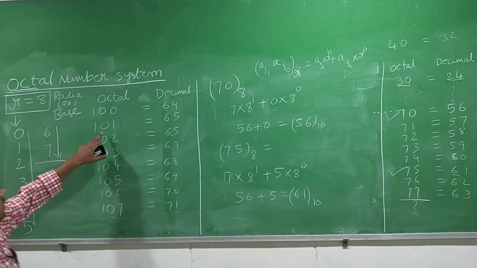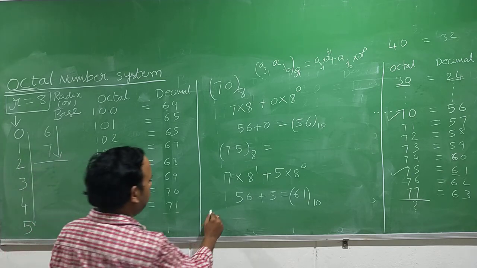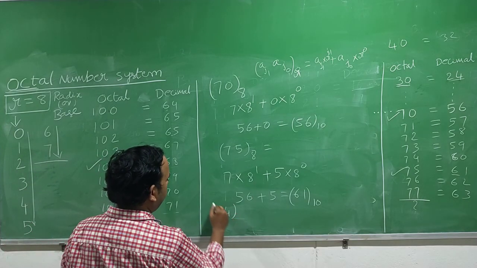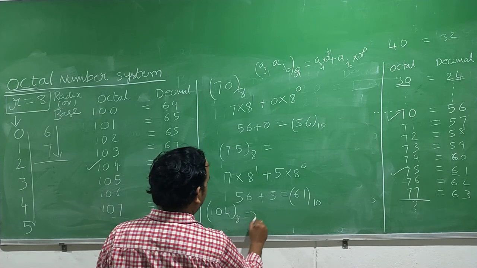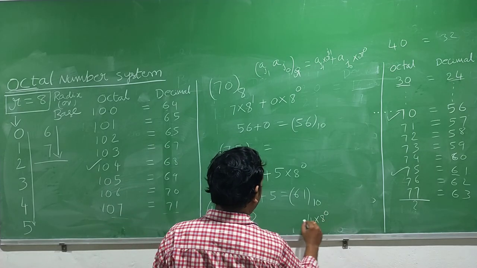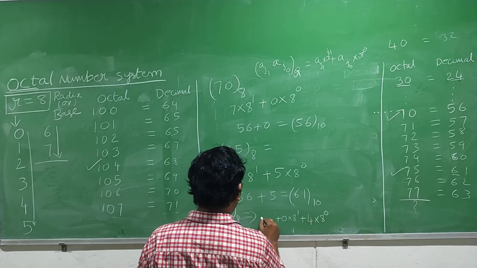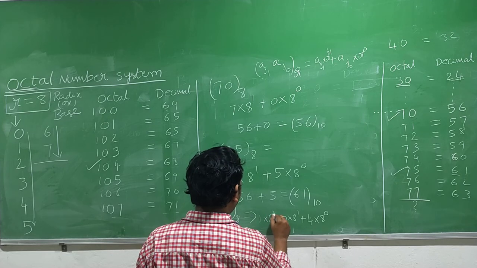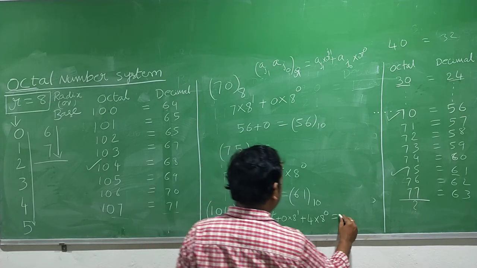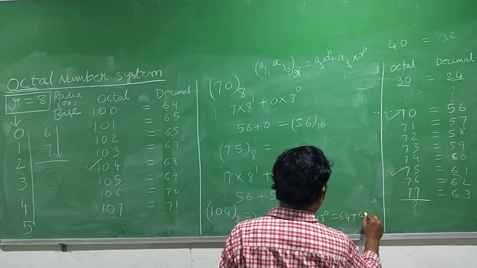And we will take another example. For example, you take any number. Here I am taking 104 in octal. How can you write it here? 4 into 8 power 0 plus 0 into anything is 0 plus 1 into 8 power 2. What will you get? 64 plus 8 power 0 is 1, times 4.